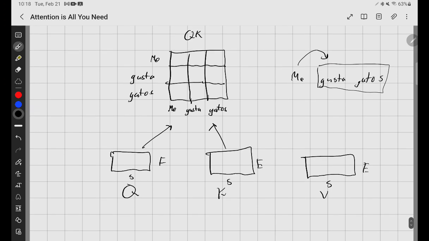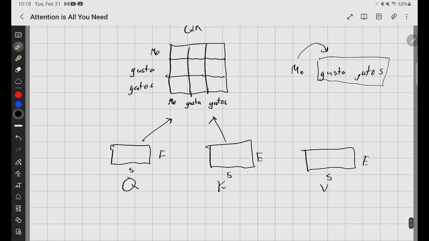Whenever it's doing a translation, and it has the word me, it won't have the context of gusta and gatos until it generates that.